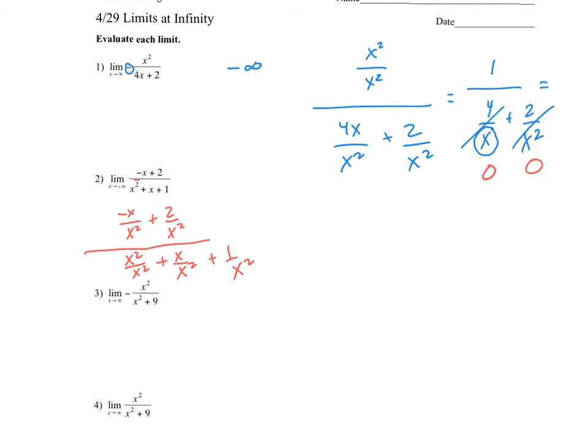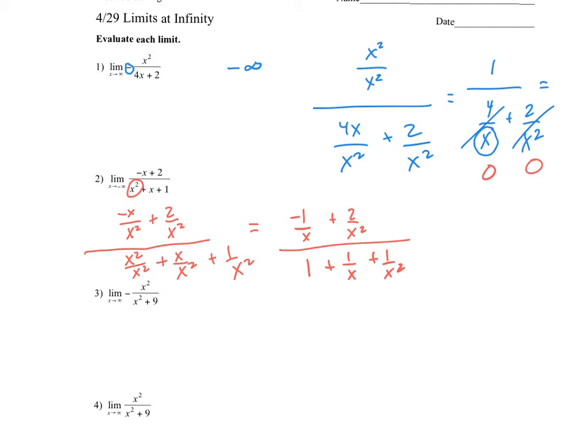I picked the biggest x in the problem, and I put that under every single thing. Well, that's going to factor out as negative 1 over x plus 2 over x squared over 1 plus 1 over x plus 1 over x squared.